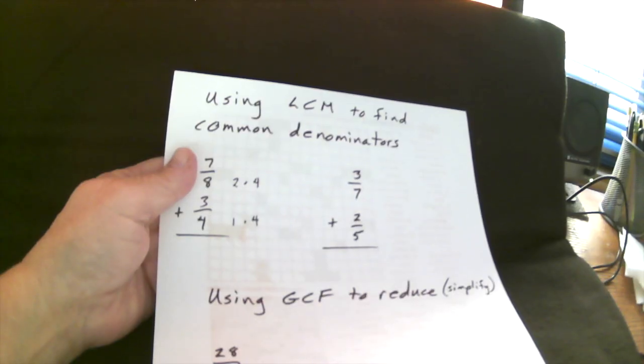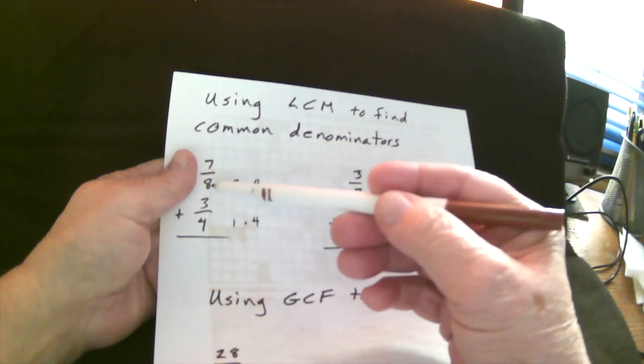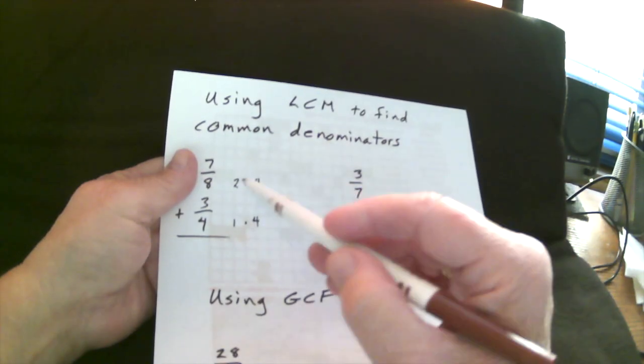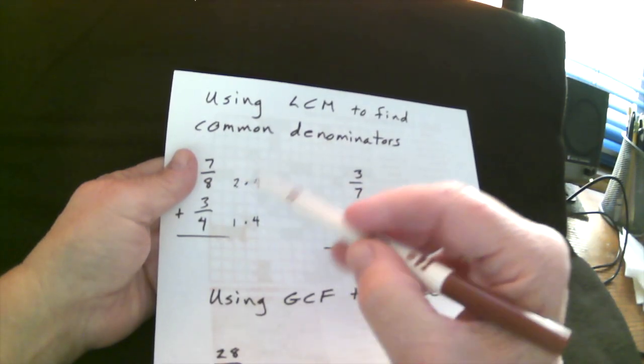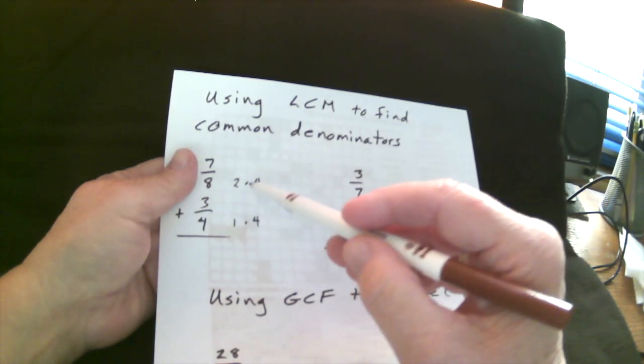When we are adding or subtracting fractions, we need a common denominator. We can use the least common multiple to find a common denominator. To find the least common multiple between this denominator 8 and this one 4, we need to have any factors that are different between the numbers.